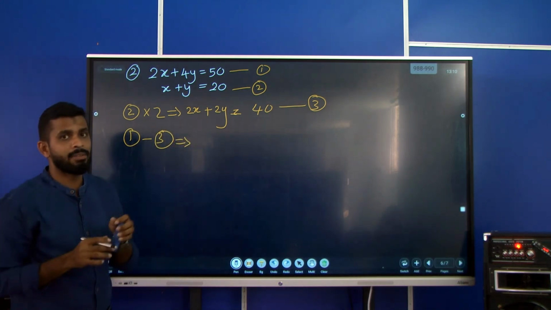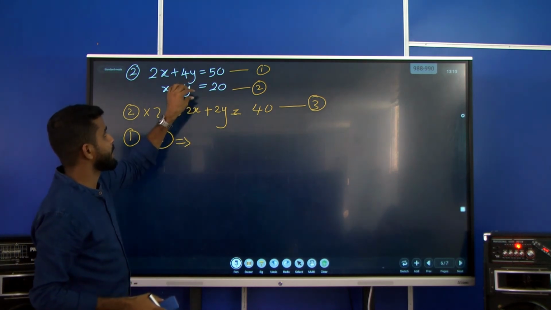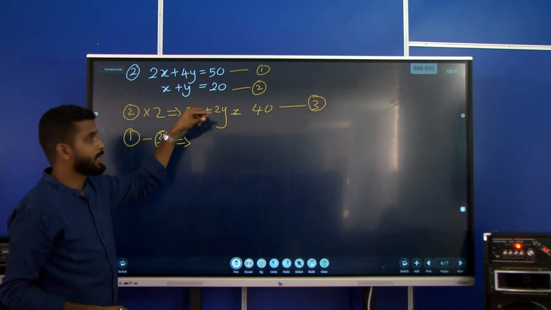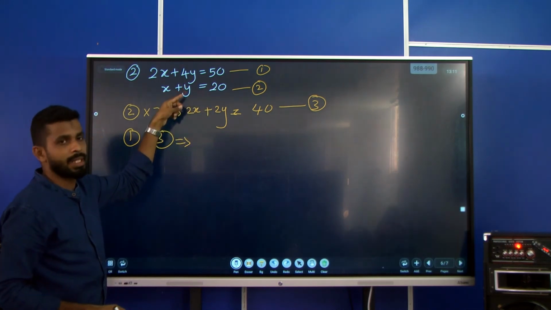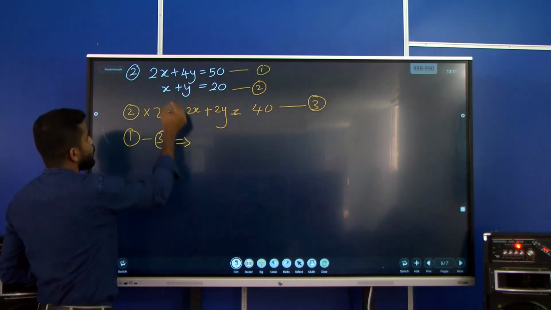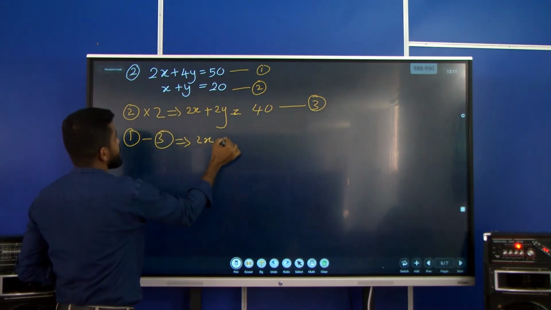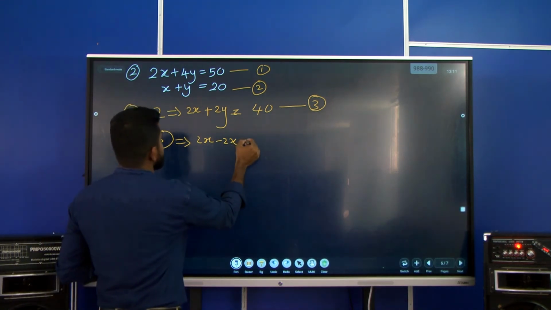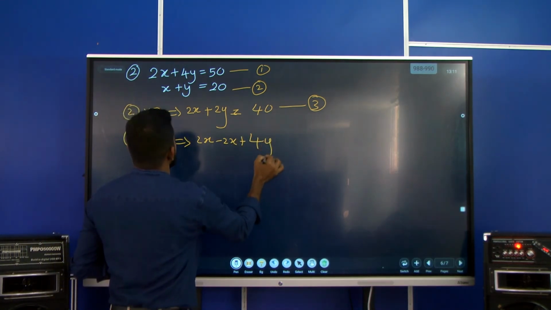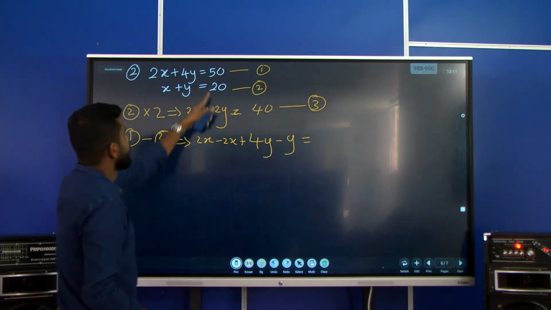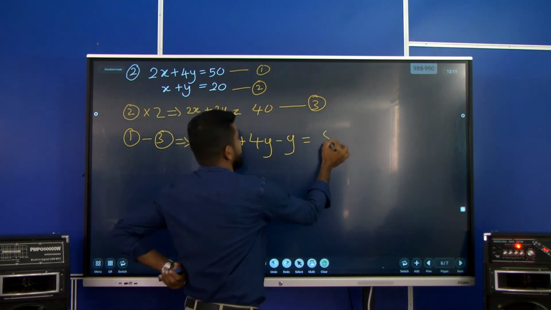Now understand very carefully: since the third equation is the modified equation of the second equation, you don't have to worry about that, just keep it as it is. Now 2x minus 2x goes off, plus 4y minus y equals 50 minus 40.